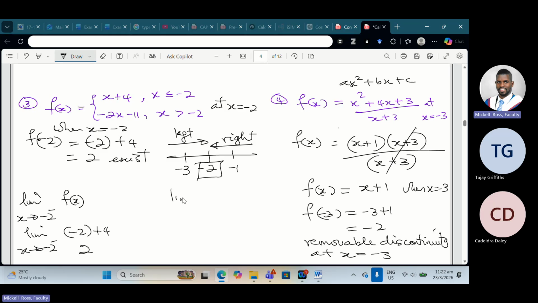And if you're taking the limit as x is approaching negative 2 from the right-hand side of f of x, which function are you using? Well, there are only two of them.